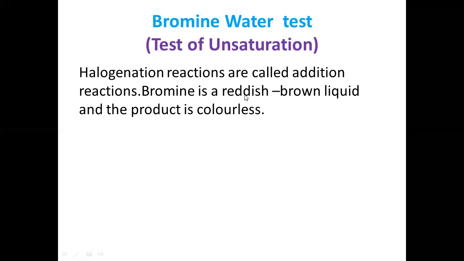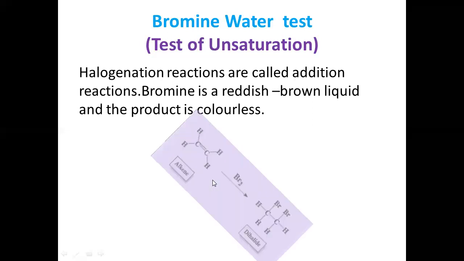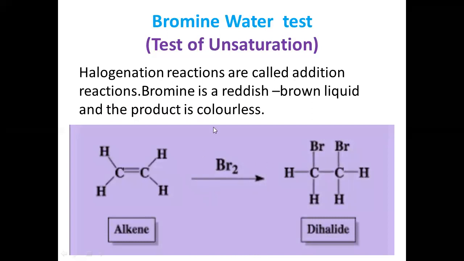If we add bromine water, which is reddish brown in color, to the test solution and shake it and then check the color, we will see that the color of the bromine, which was reddish brown, turns colorless. This change from reddish brown to colorless shows that the given solution is an unsaturated hydrocarbon.